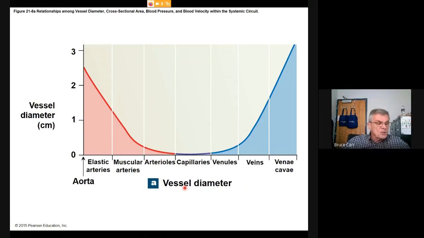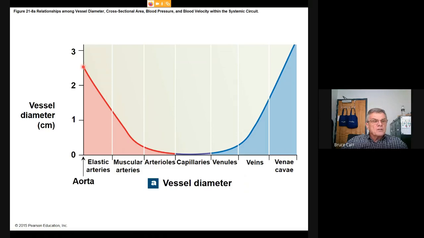Let's look at some of the properties of the overall vascular system. And in this, we are looking at the physical space between the aorta on the left, at the origin, and on the far right, the vena cava, with the categories of blood vessels shown, and the vessel diameter.